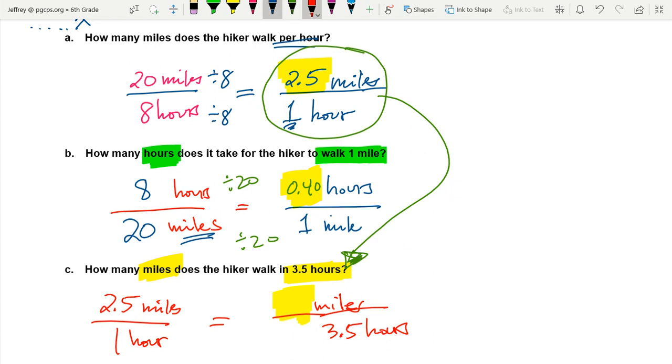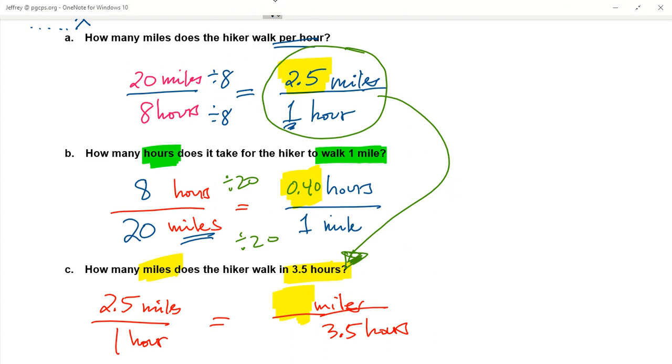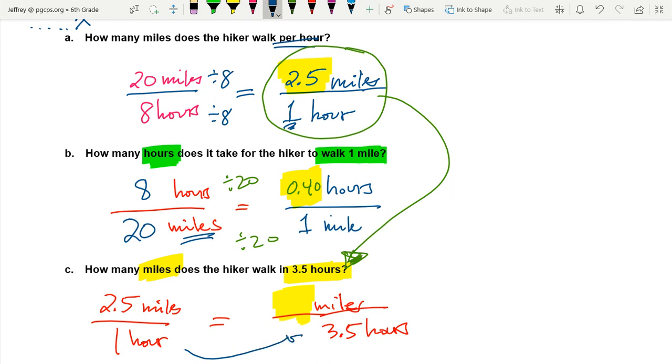Now, why do we use the unit rate? Because it's easier to transition from 1 hour to 3.5 hours, right? So what did you multiply to 1 to get 3.5? We multiply by 3.5. So again, to get equivalent rates, we multiply the same number to both the numerator and the denominator.